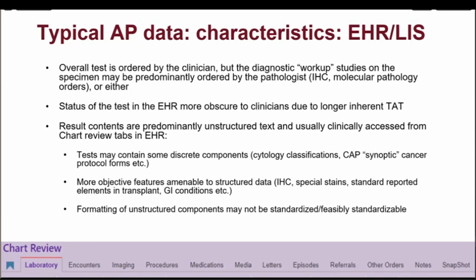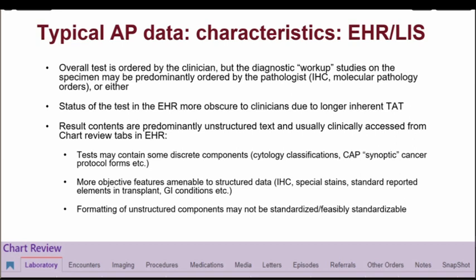This comprises the diagnostic workup that may be ordered on the specimen in terms of IHC and molecular pathology orders. Many of these are ordered by the pathologist, but there are times where these tests may be ordered by the clinician, and depending on the system, the culture and the workflow, it could be either or.